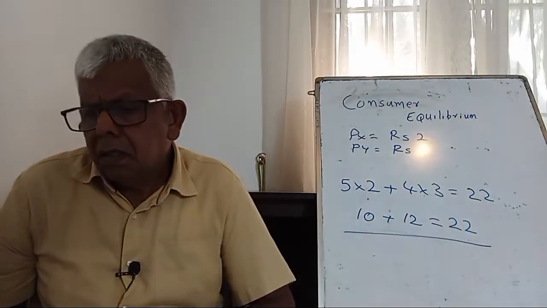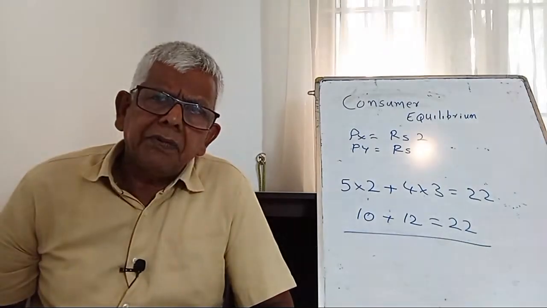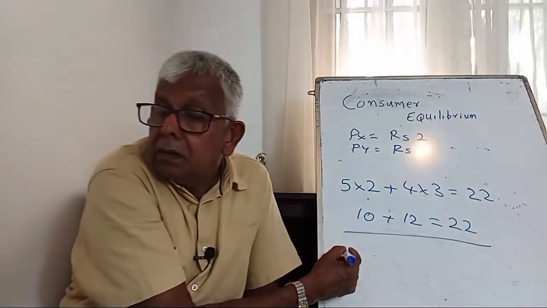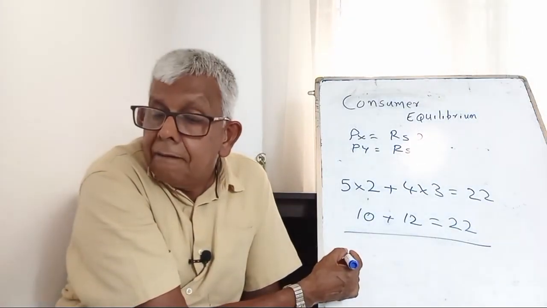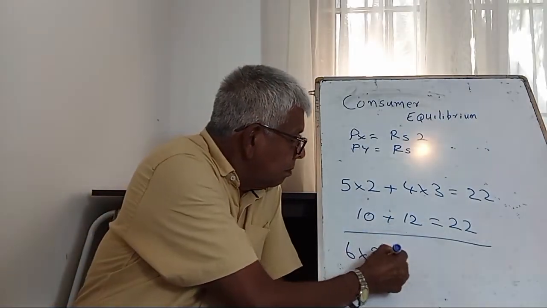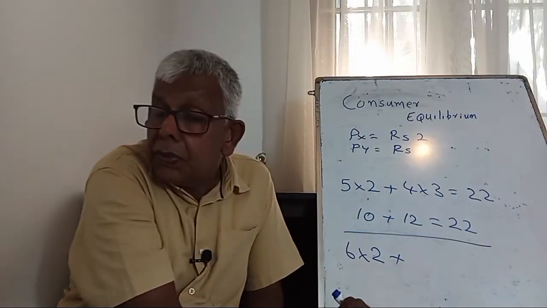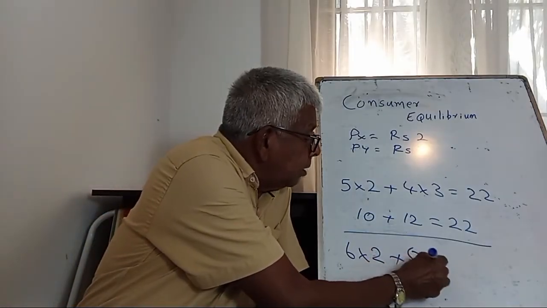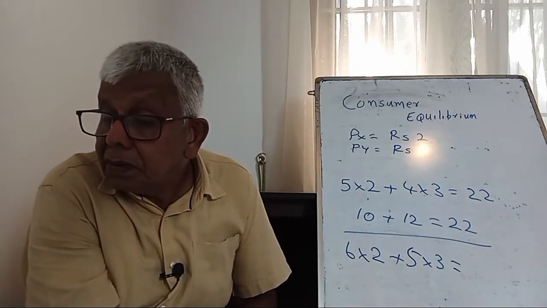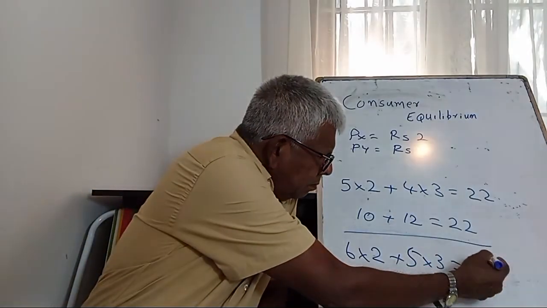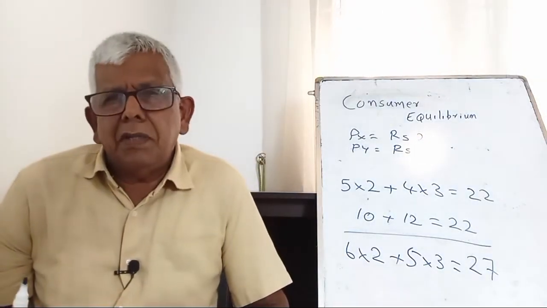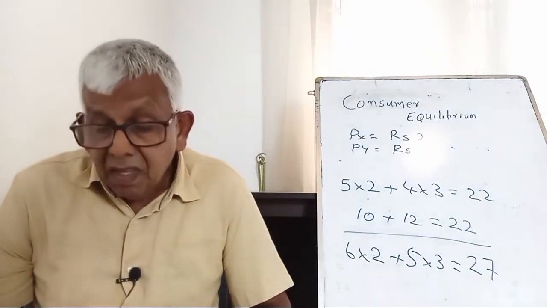What's the answer? 15 and 12 equals 27. We know expenditure should equal income.